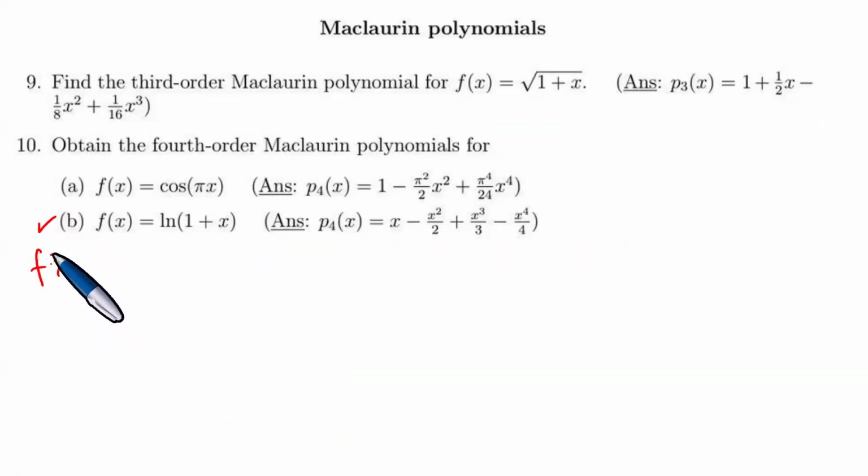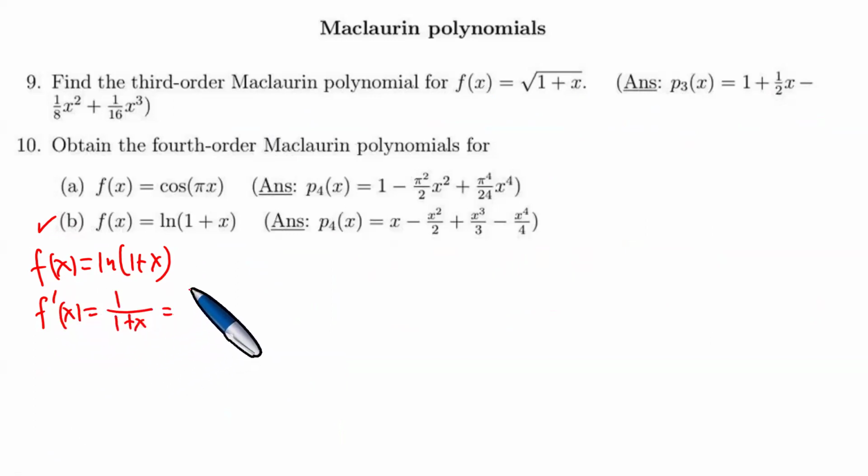Let's look at f of x. So now we have f prime. The derivative of the ln is 1 over 1 plus x. But you can also write it as 1 plus x to the minus 1.